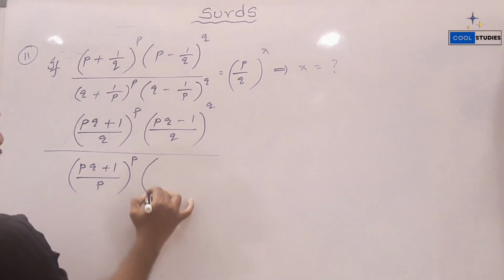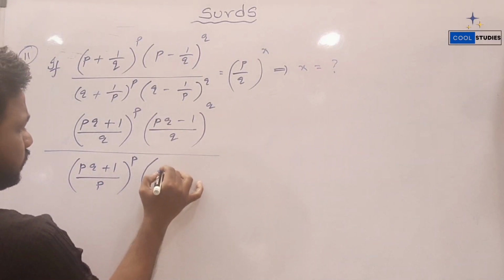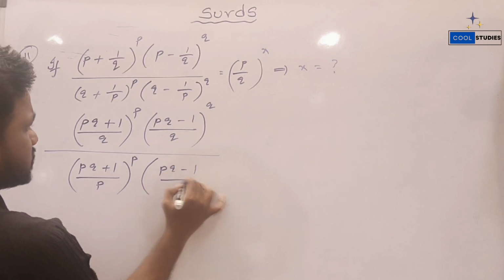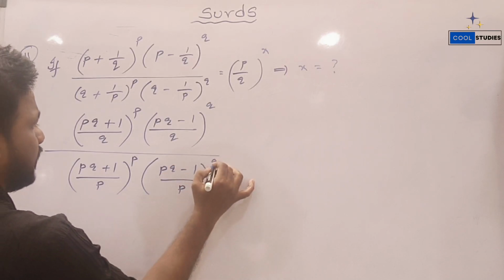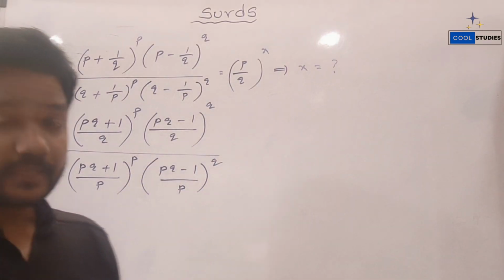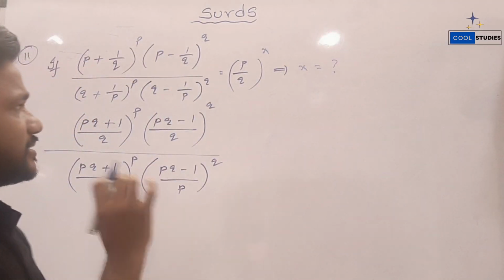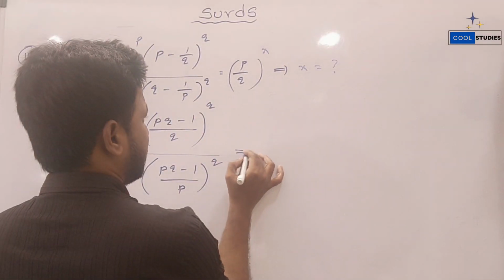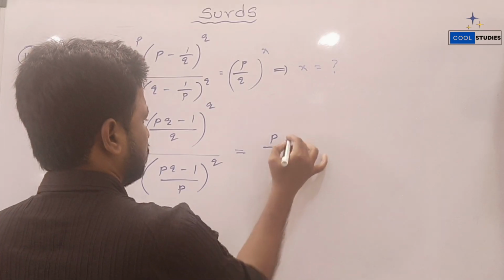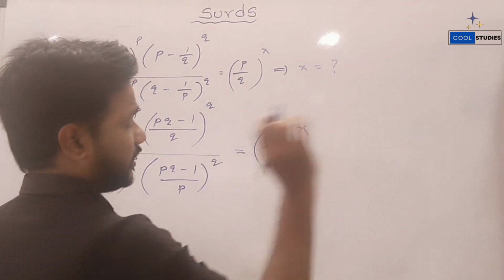Next term, p into q: (pq minus 1) by p whole power q. Just we are taking the LCM in the first step. On the right side, what is given? (p by q) whole power x, as it is.